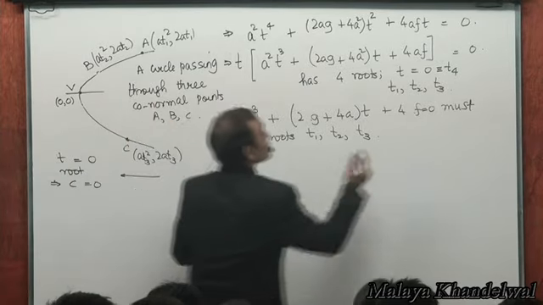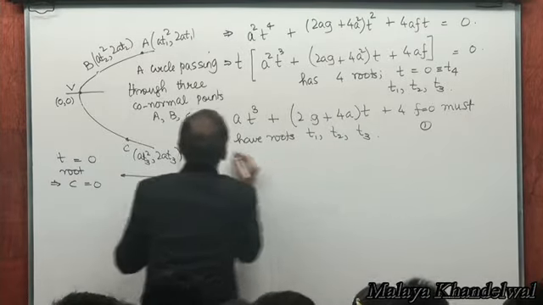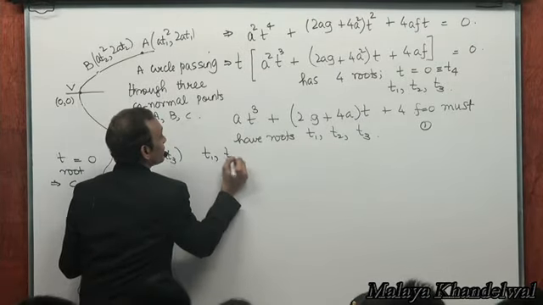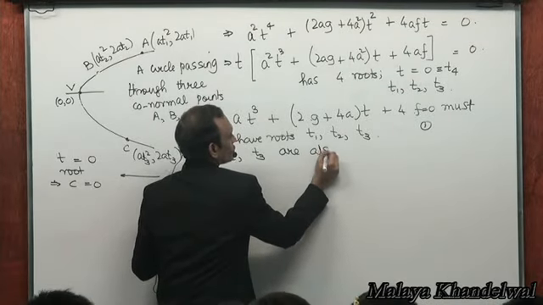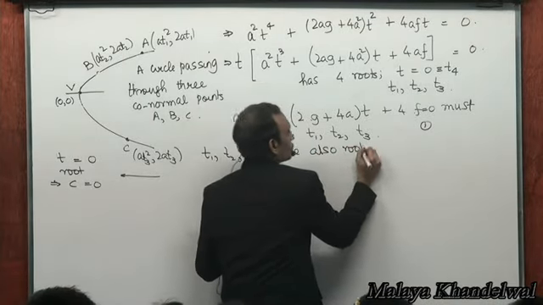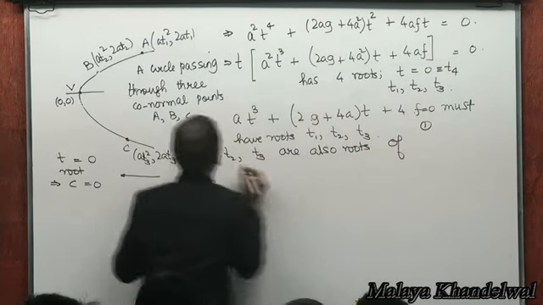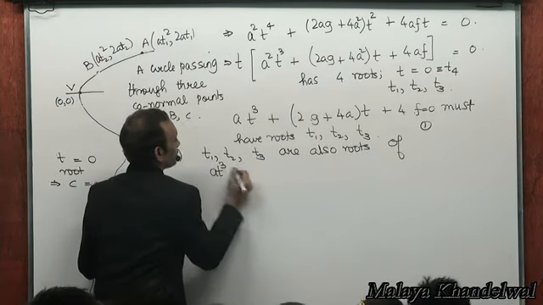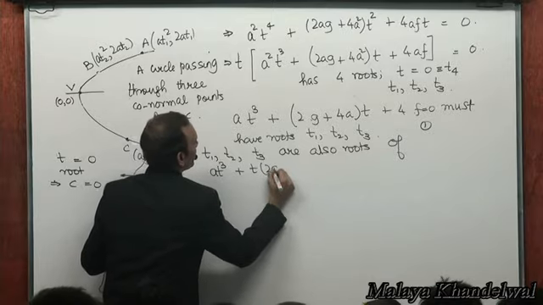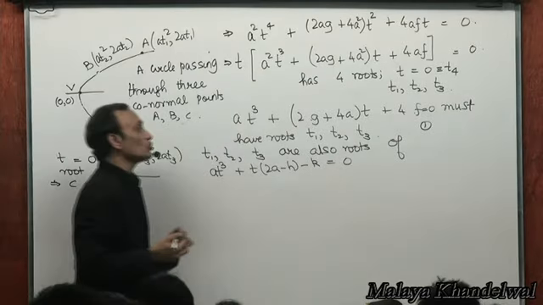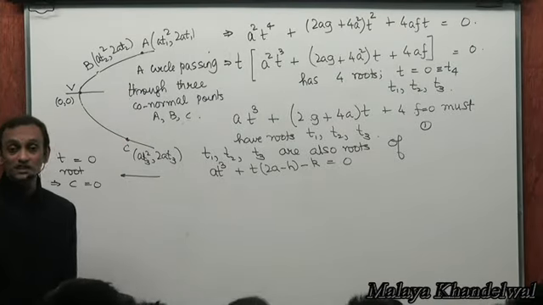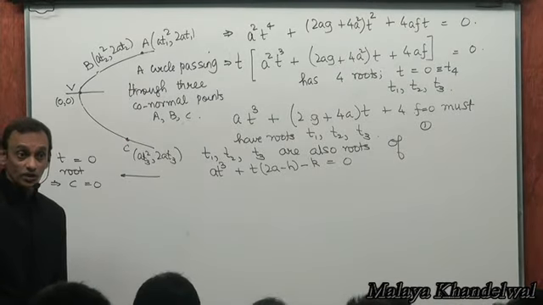Right? So, that's 1. t1, t2, t3 are also roots of at cube plus t into 2a minus h minus k equal to 0.